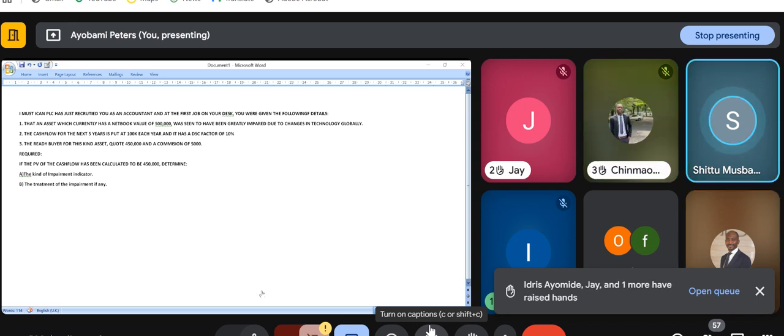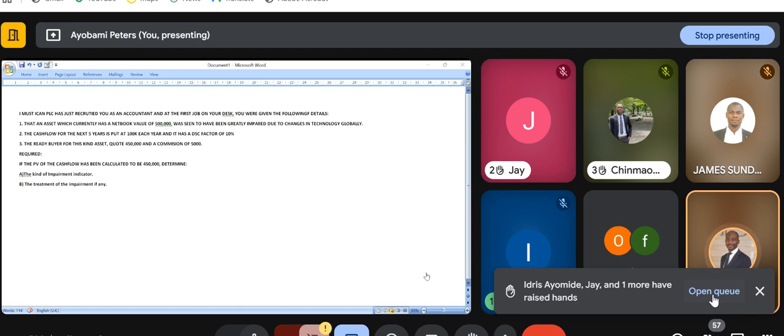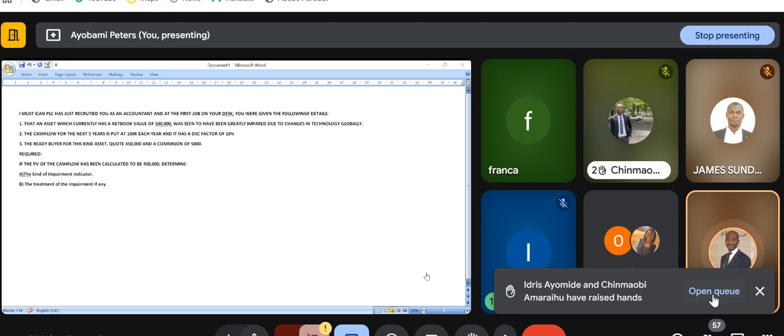The asset has suffered the impairment of 50,000. Okay, thank you so much. I'm giving 1 mark for that. Okay, Chin Mao. Changes in technology. Thank you. That is the type of indicator. This is changes in technology, and it is categorized under external indicator.